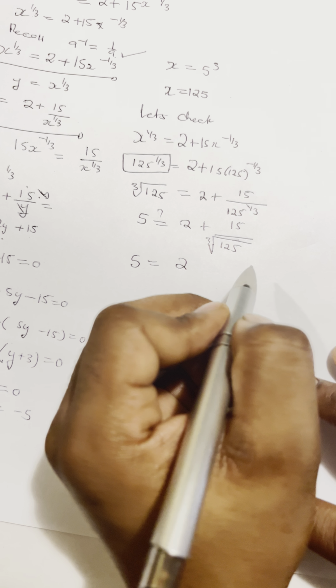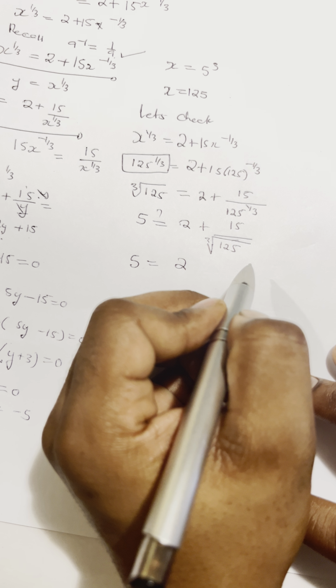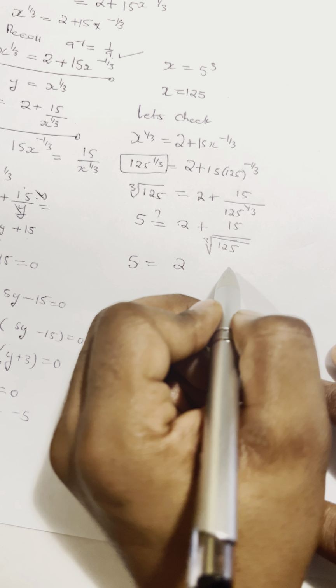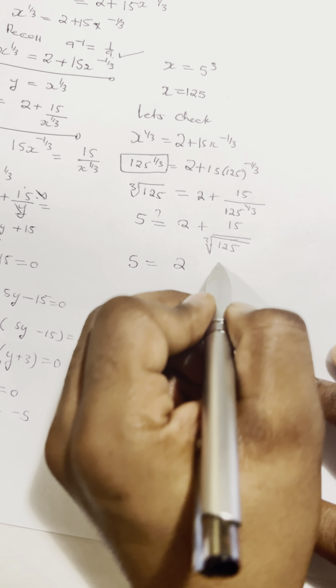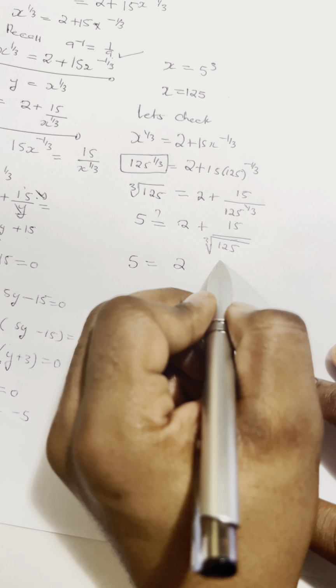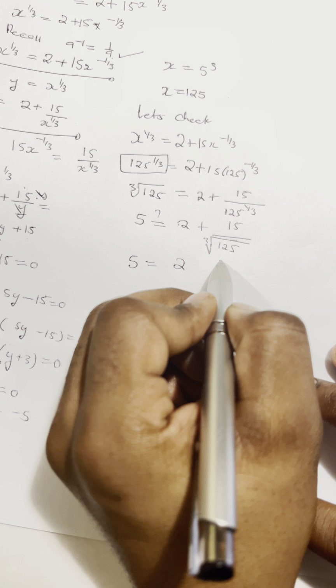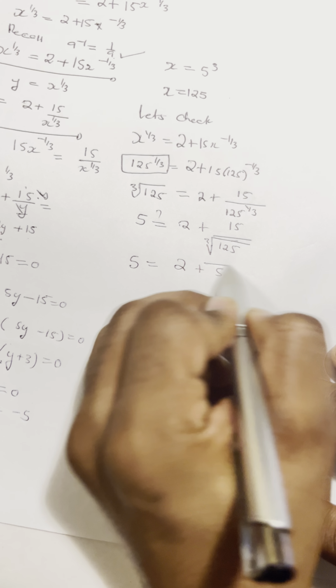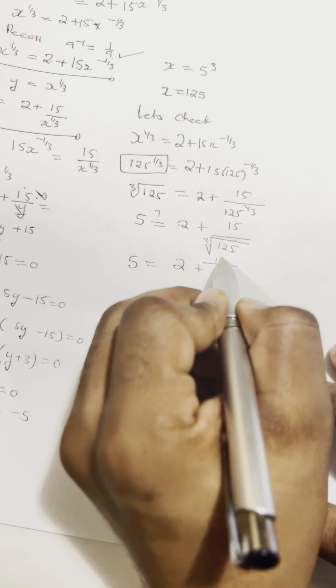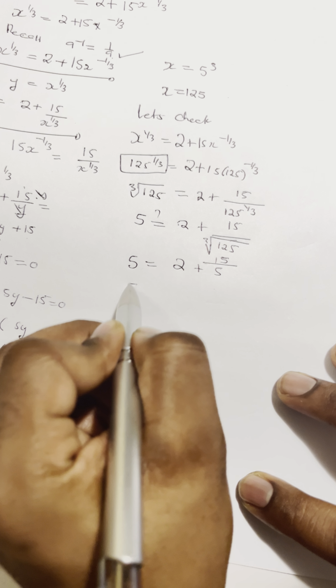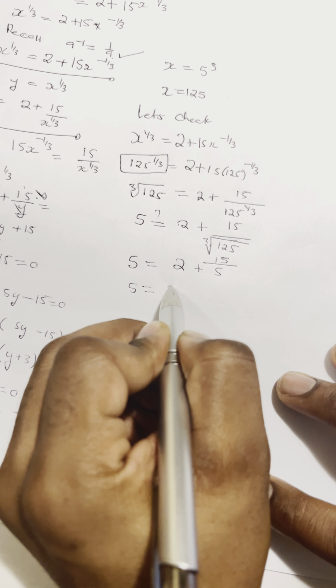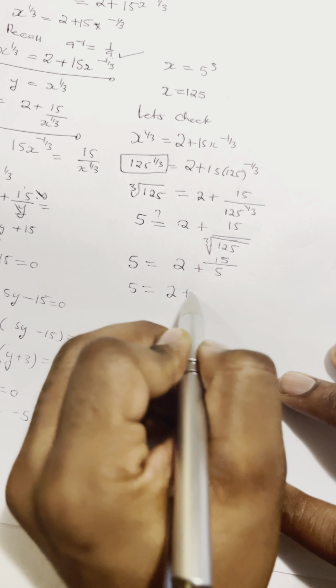And then let's see what's going to happen. The cube root of 125 is equal to 5, so 2 plus 15 divided by 5. 5 is equal to 2 plus 3.